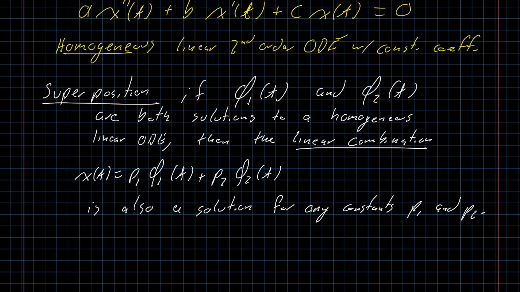If you have two functions, phi1 and phi2, so that they are both solutions to a homogeneous linear differential equation, it doesn't have to be second order, it doesn't even have to have constant coefficients, then a linear combination. And a linear combination is any function x of t, which can be written as a constant p1 times the first function, plus another constant p2 times the second function.